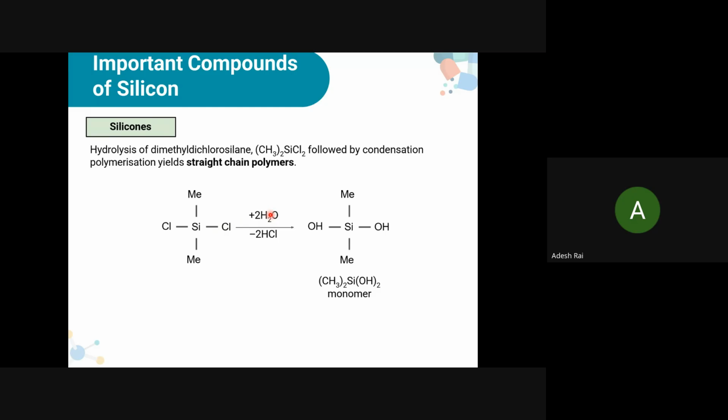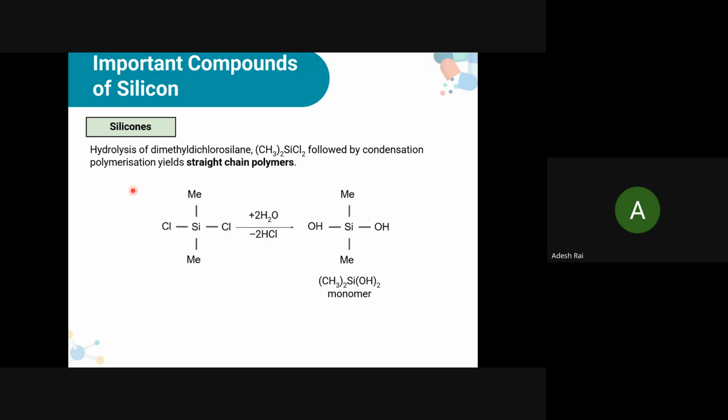Then oxygen will lose one hydrogen, deprotonation. You know this oxygen has a lone pair. It will go and attack on silicon, whatever you study in organic chemistry. So H2O will attack, but oxygen will develop positive charge because it would have formed three bonds. So to remove that positive charge, it undergoes deprotonation. It will lose H plus. So Cl minus and H plus will combine with each other to form HCl. And that is how you replace this Cl by OH.